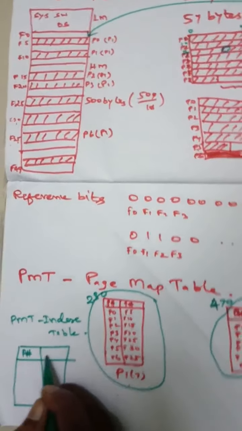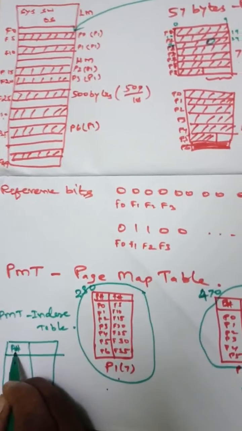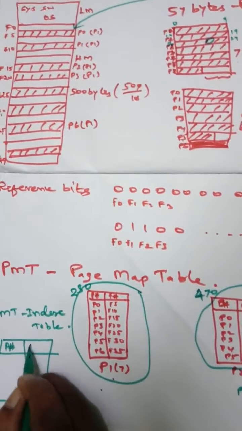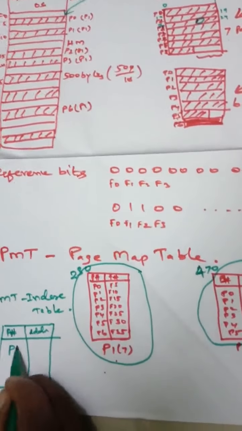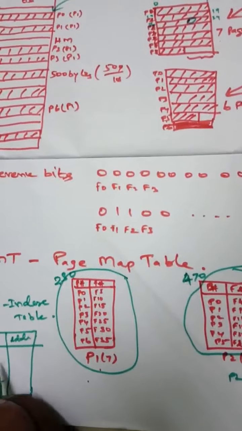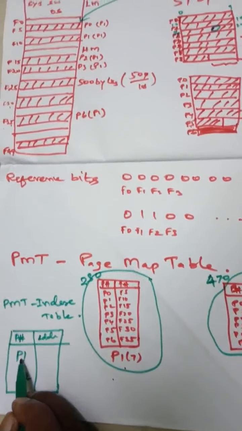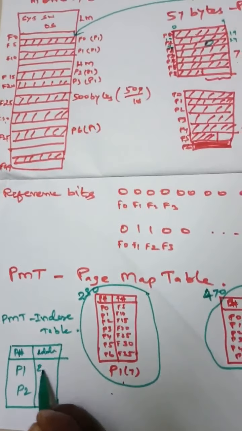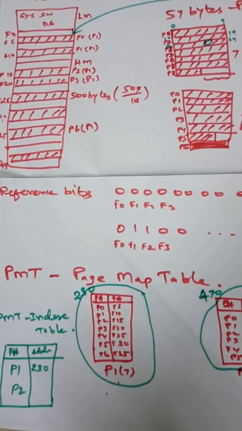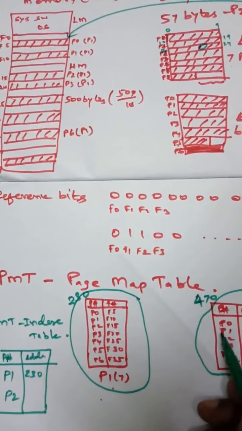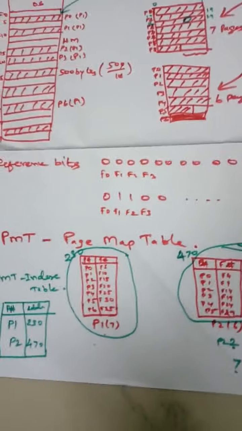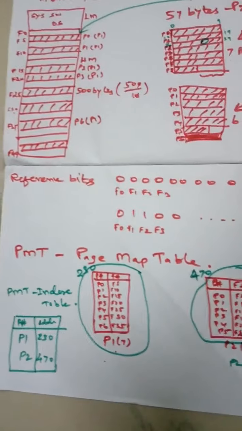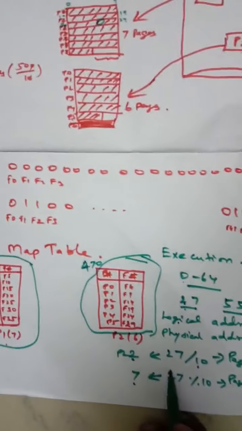For example, here there are two programs, P1 and P2. The address of the page map table of program 1 is 230, and the address of the page map table of program 2 is 470.